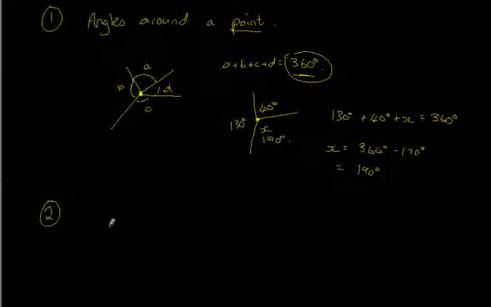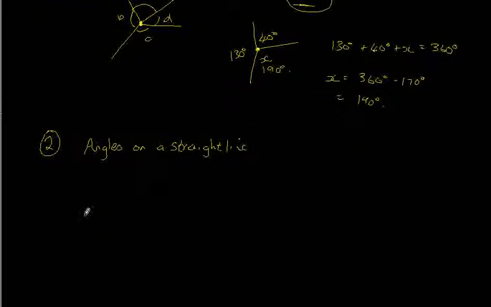Our second law that we're going to have to abide by is angles on a straight line. So we could have a straight line going like such. We could have various lines meeting at a point on this straight line.